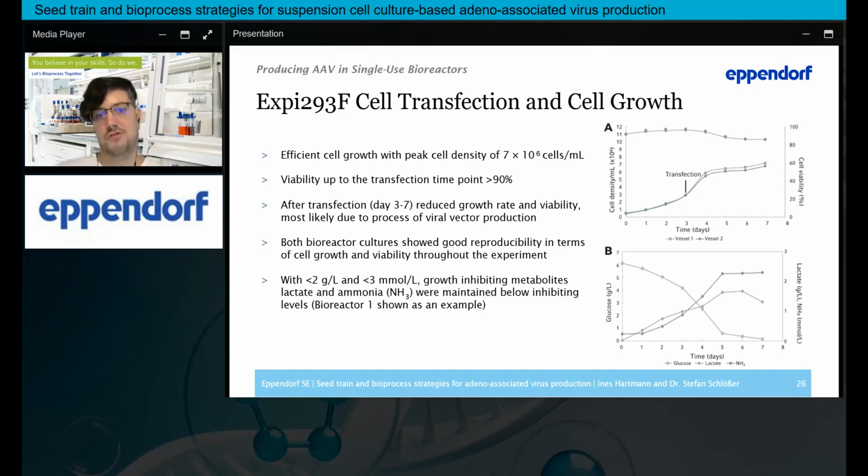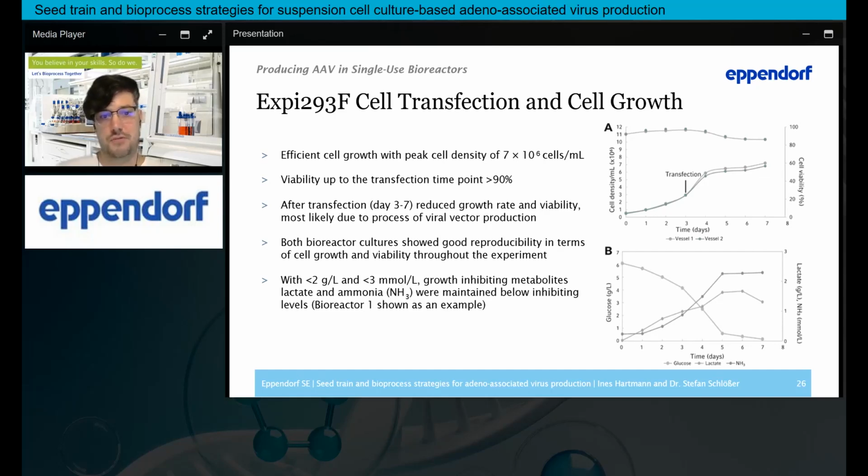Before the transfection was done, we could see that the viability was larger than 90%. However, after the transfection, so from day 3 to day 7, we could see that the growth rate as well as the viability was reduced. This is something you expect with viral transfections because the cell is afterwards busy producing the capsids, which puts a lot of burden on the cell and thereby reduces the cell fitness.